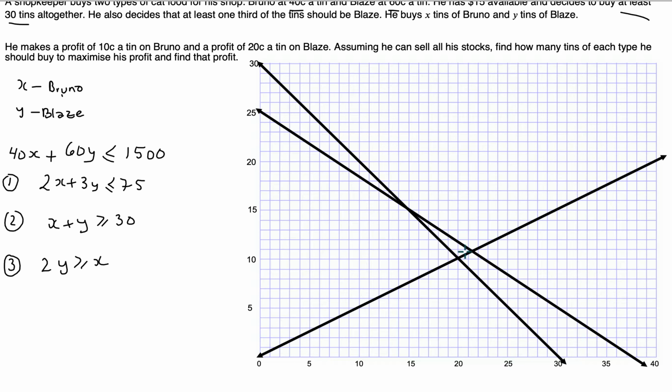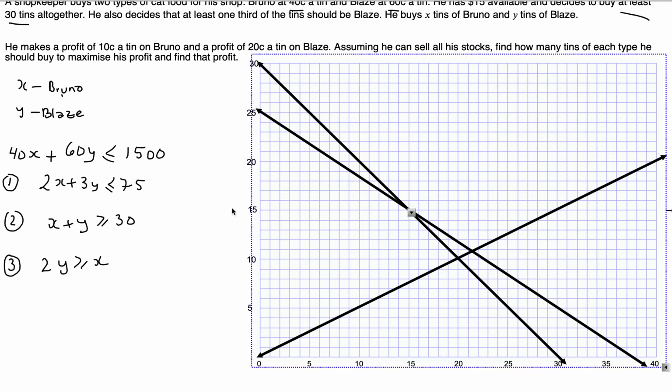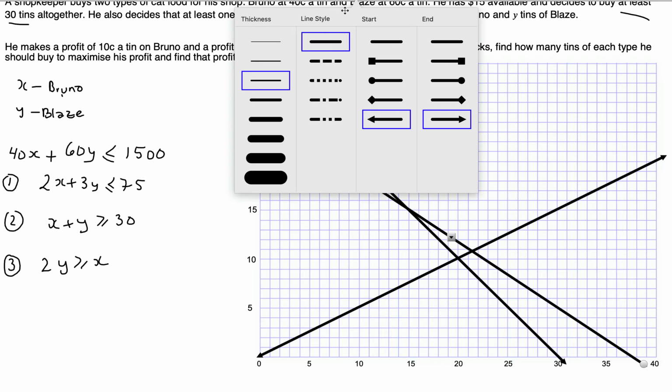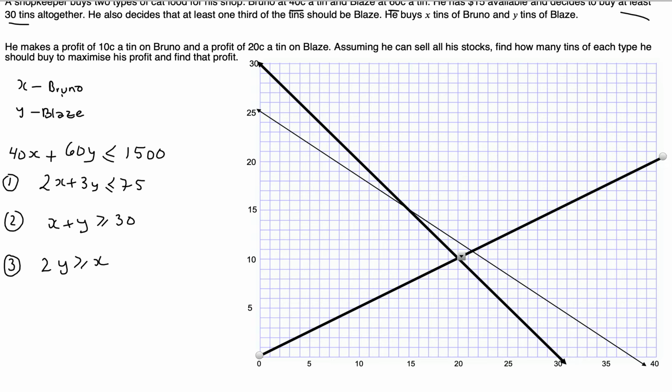So I have this region here left. My lines are a bit too thick. So then I'm going to start doing my shading, the inequality shading, using the techniques I've taught.